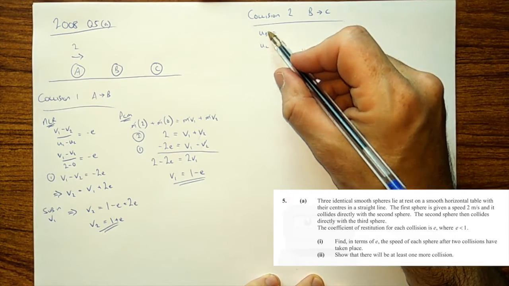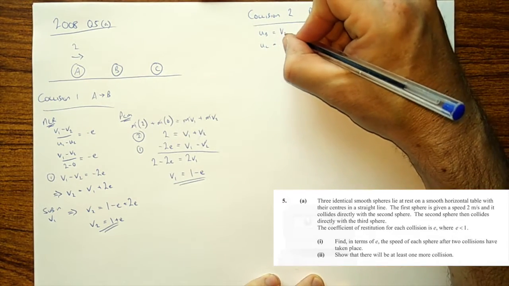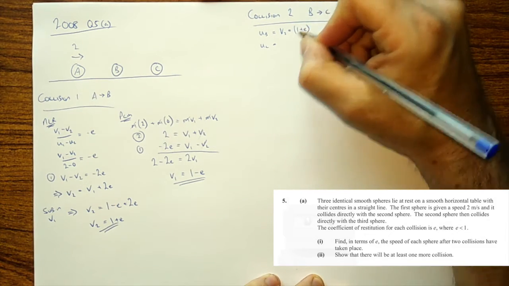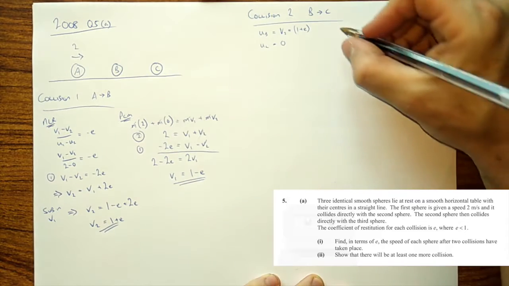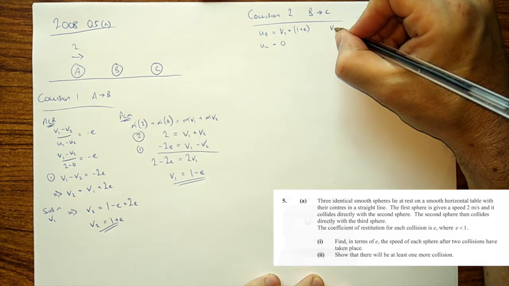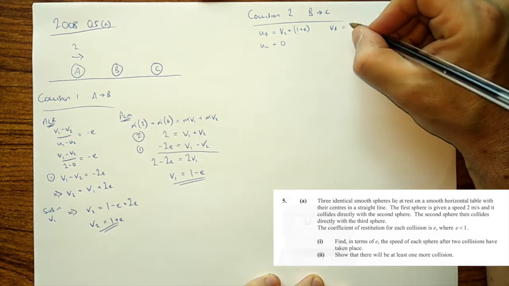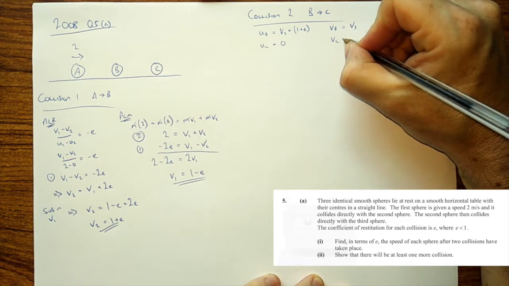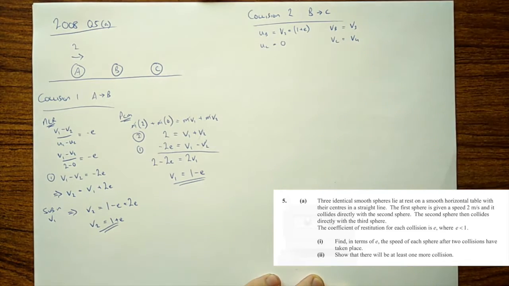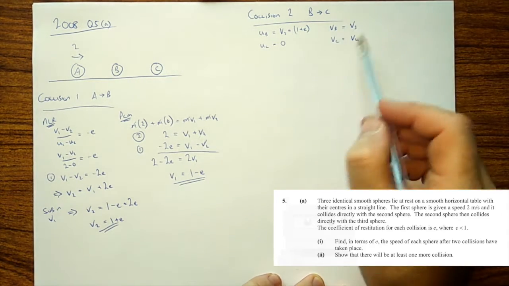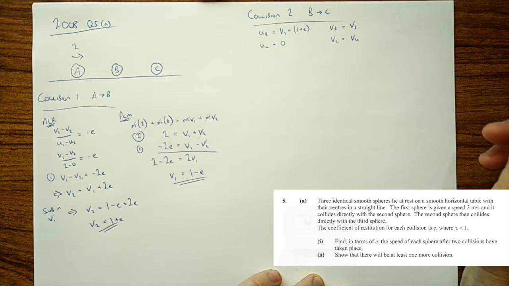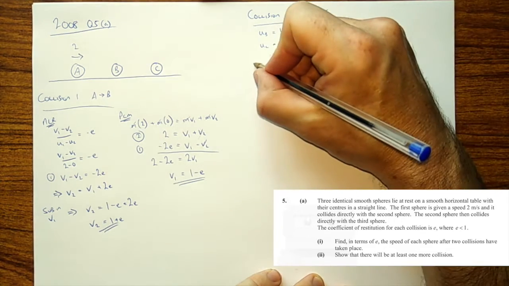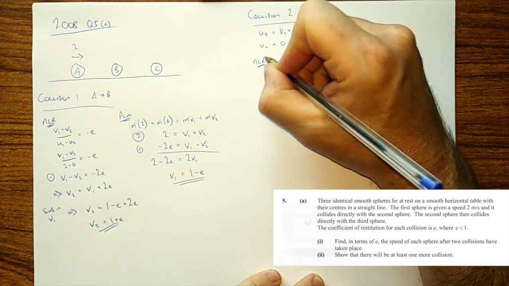The initial speed of B is V2, and that is 1 plus e. C isn't moving initially. The velocity of B after this collision we'll call V3, and the velocity of C we'll call V4. It's always worth getting clear on these things, otherwise you can trip yourself up and make simple mistakes.